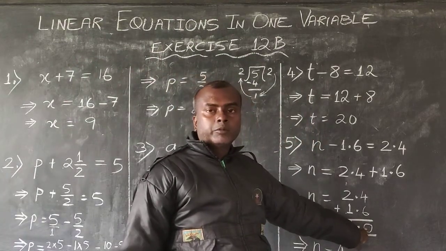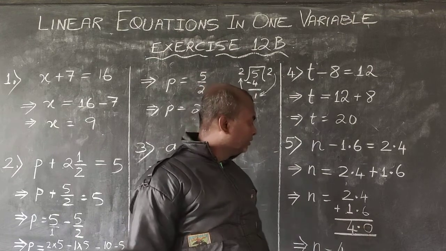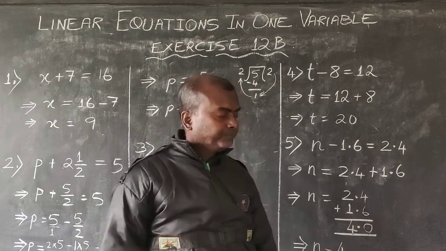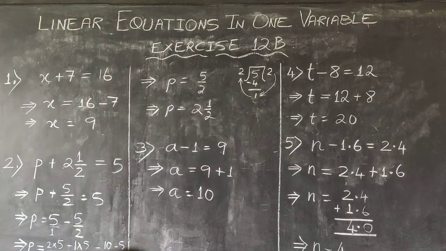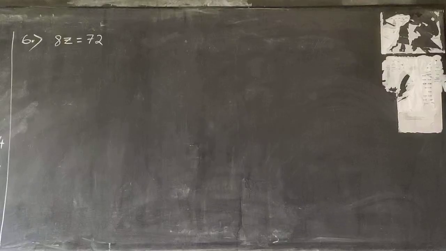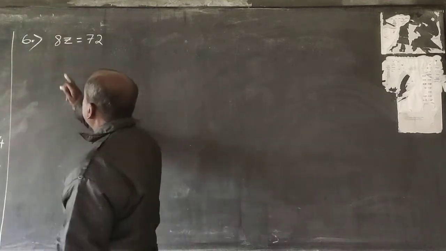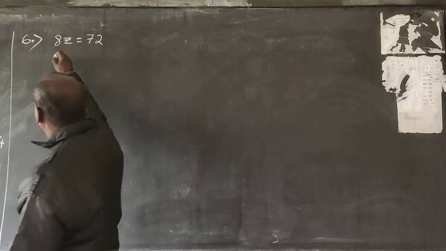After point there is 0. 0 doesn't have any value. So only 4 is taken. So n value is 4. Okay, the next question is 8z equals to 72.